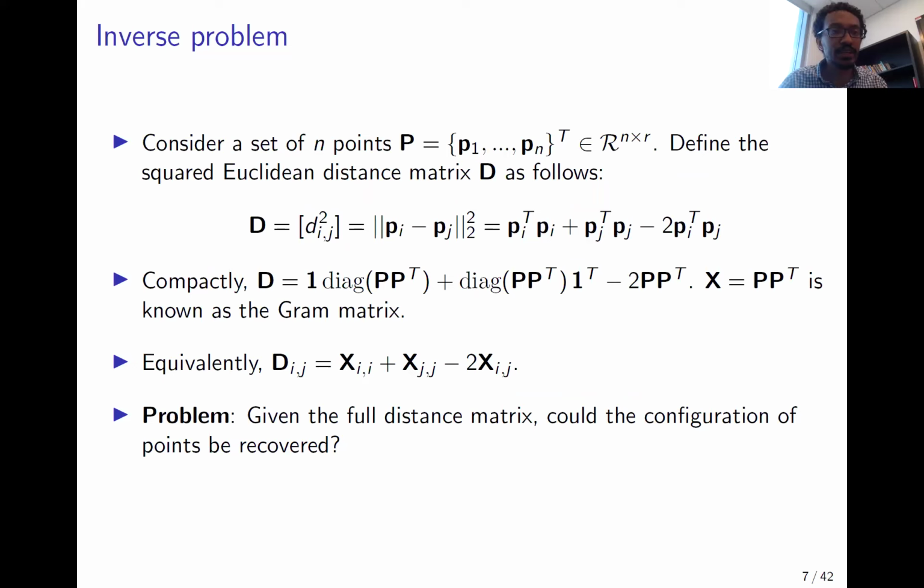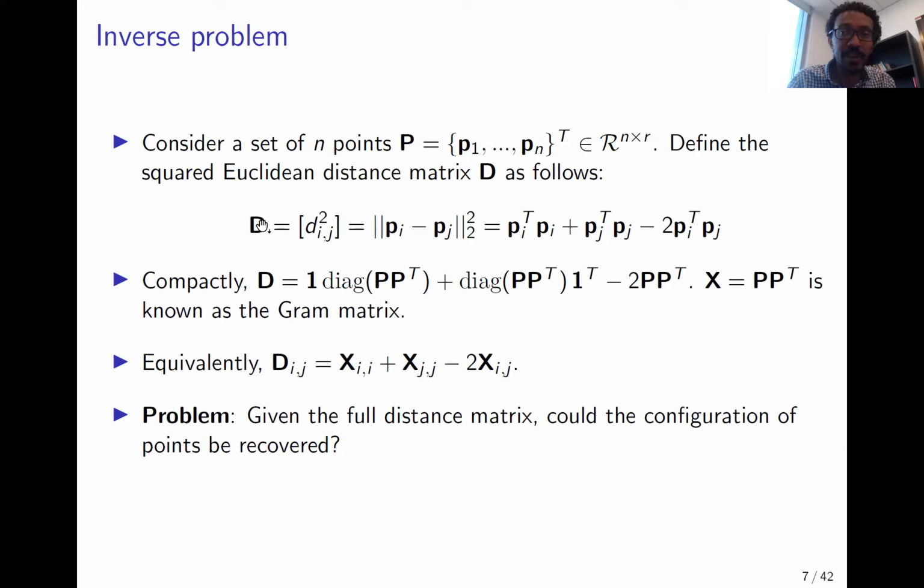Okay, so let's consider the setup. We have n points, P1 to Pn, and these points live in some r-dimensional Euclidean space. For now, we start by defining the squared Euclidean distance matrix D. The squared Euclidean distance matrix D is given simply by this formula.